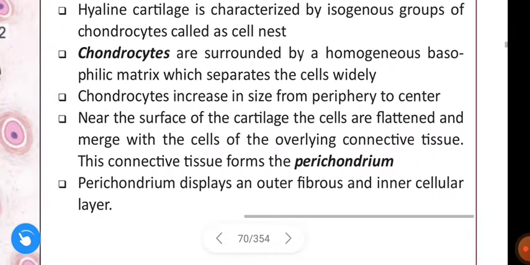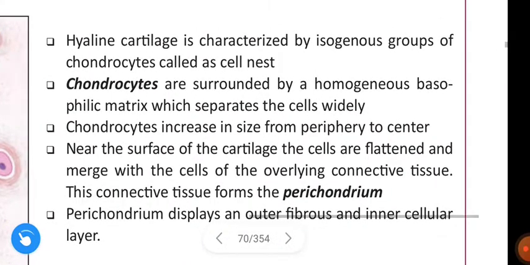Coming to the second point, chondrocytes are surrounded by a homogeneous basophilic matrix which separates the cells widely.